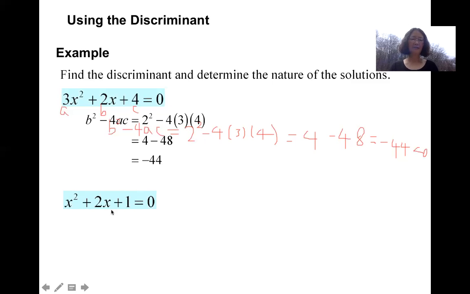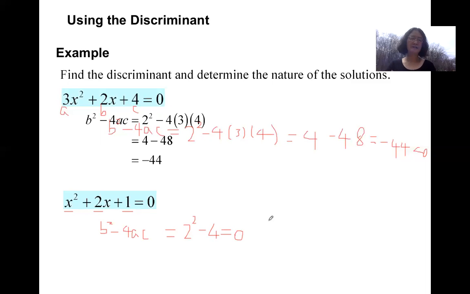So now let's take a look at this example. Find the discriminant and determine the nature of solutions. The discriminant is b squared minus 4ac. Here a equals 1, b equals 2, c equals 1. So I'll just directly plug in: 2 squared minus 4 equals 0.